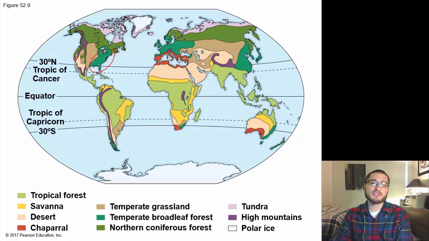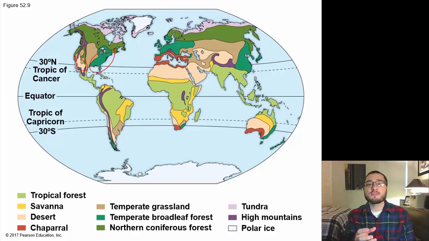And then you have temperate grasslands out west, and you're going to have areas of desert out in Arizona and Nevada. So you have these different biomes making up each continent, and within those biomes, you're going to have different ecosystems. Really what dictates the biome is the vegetation or the physical environment, and a major factor of that is going to be the climate and really the precipitation that we're going to see.